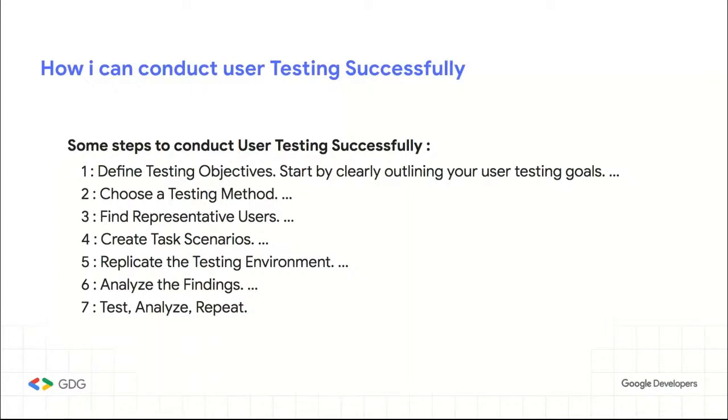Second, you can choose a testing method that we have seen and we are going through in the next slides. Third, find representative users. Fourth, create task scenarios. Fifth, replicate the testing environment. Sixth, analyze the findings. Seventh, test, analyze, and repeat.